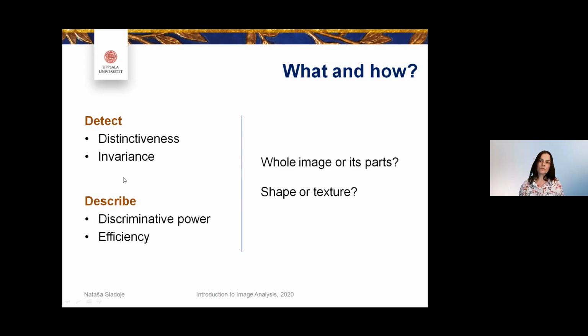Once the features are detected, we would like to describe them, to have some efficient encoding of these features that will enable that they can easily be interpreted, maybe matched with the corresponding features in the other image, or are efficient in any classification task.